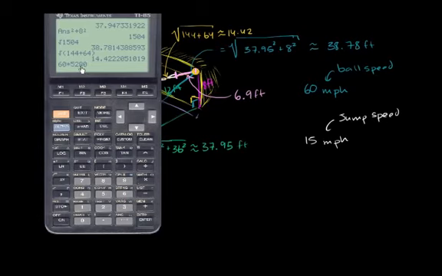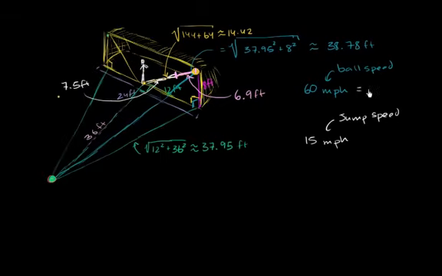But we don't want feet per hour, we want feet per second. To figure it out in seconds, you would want to divide by 3,600 because there are 3,600 seconds in an hour. So this gets us to 88 feet per second for the ball.